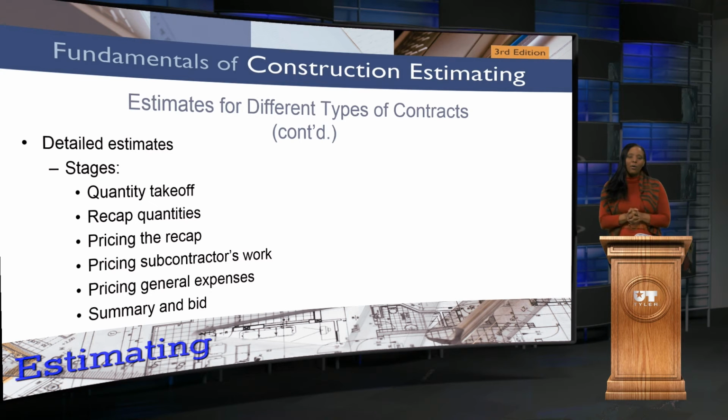I want to say overall, when it comes to estimating, it's not necessarily an easy thing, but like I said, if you keep it simple and you don't overcomplicate things, I think the process goes well. If you were to talk to a company, they have their own estimating setup, okay? My goal for this class is that I just want to make sure that you have a good overall understanding of what it takes to do a detailed estimate.